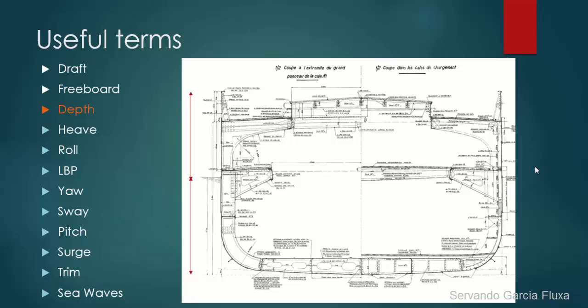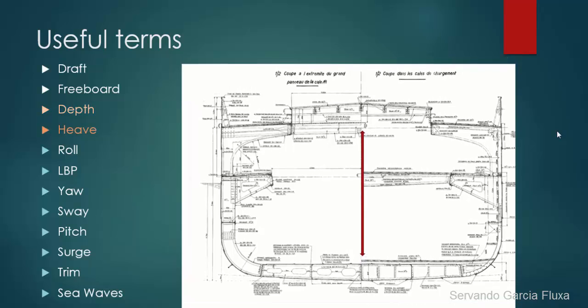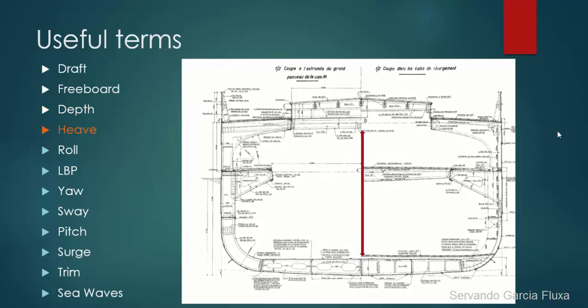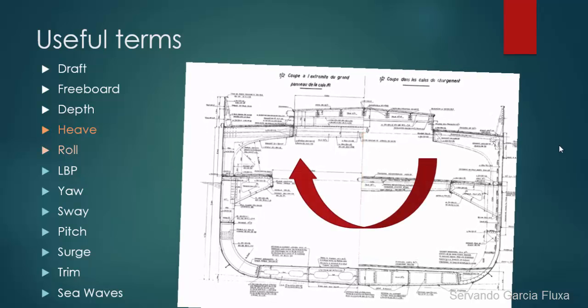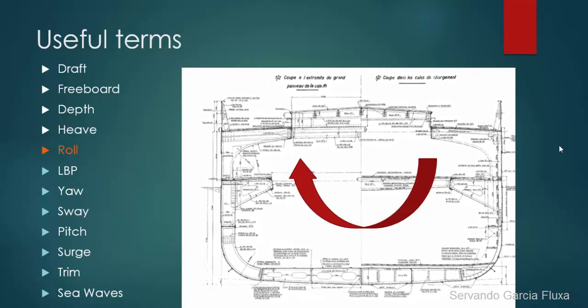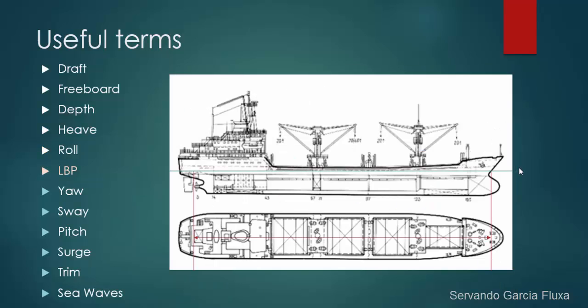So heave is this vertical movement of the vessel. Roll is this turn around the longitudinal axis. LBP is the length between perpendiculars.